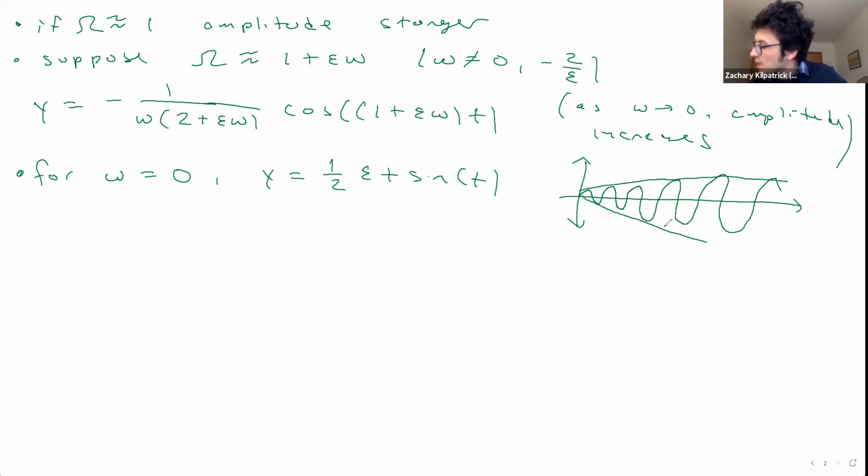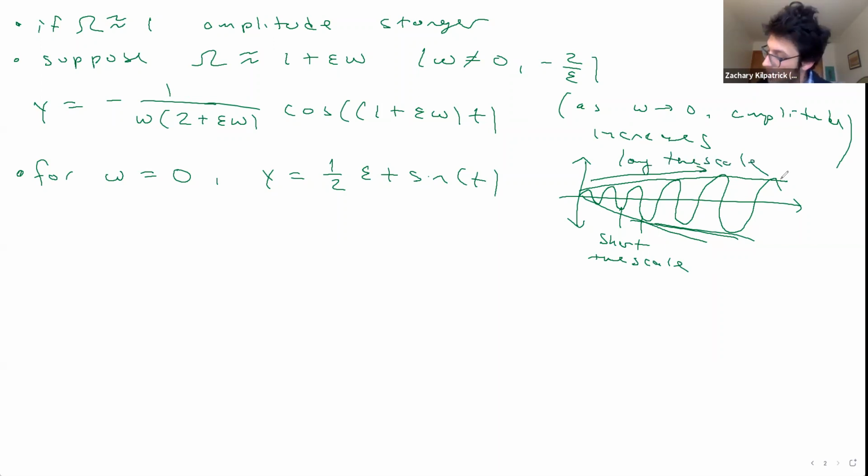some buildup like this, that we may want to track according to 2 time scales. Now, there's a short time scale here given by the oscillation, and there's a long time scale here given by the growth in the amplitude.